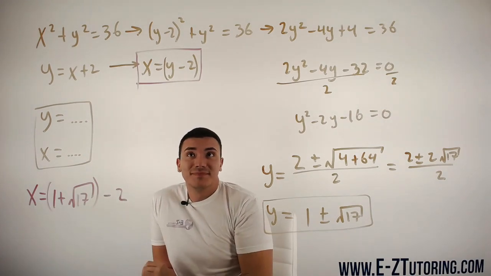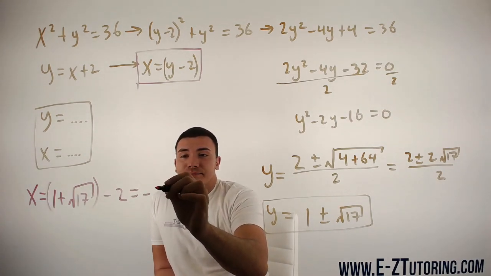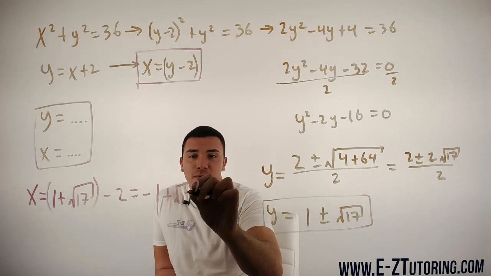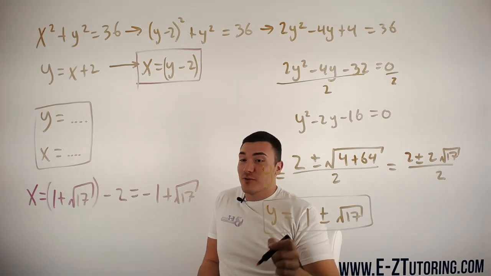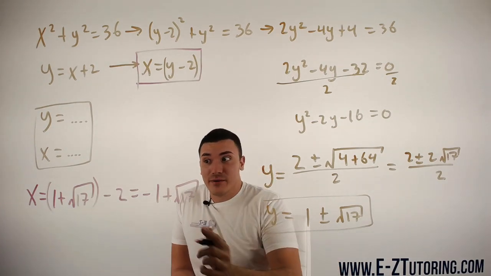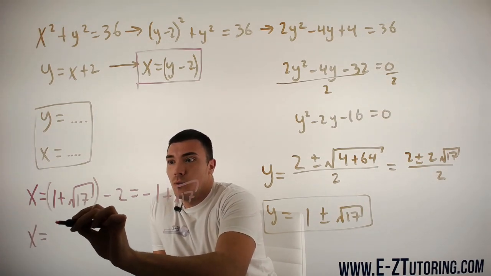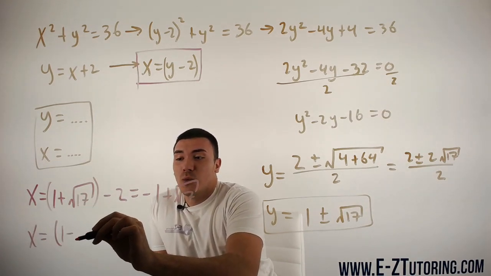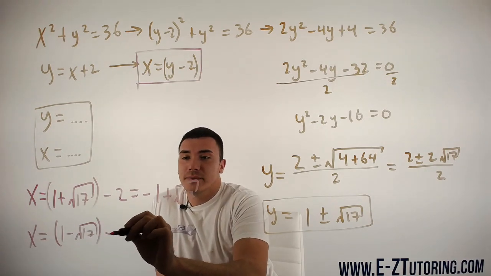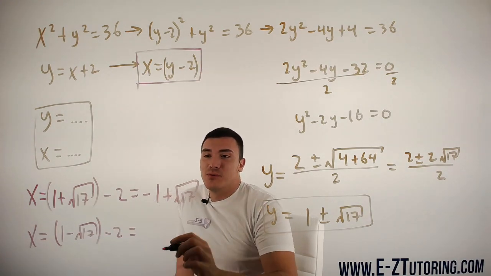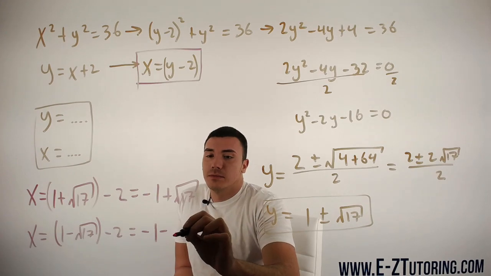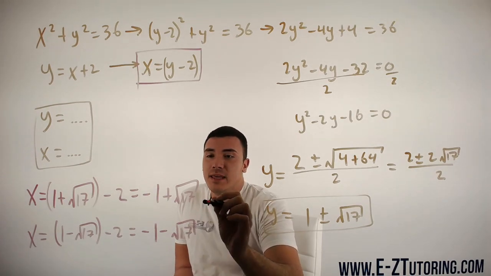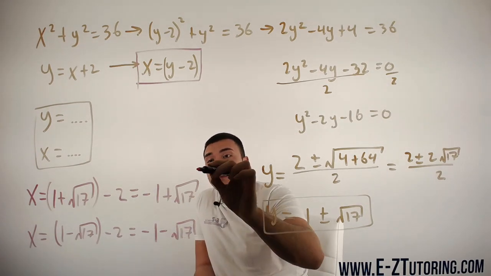Keep in mind that our y value was plus or minus, which means we have 2 y values. So we have to use 1 y value using plus and 1 y value using minus. And after you do that, we will have these 2 corresponding values for x.